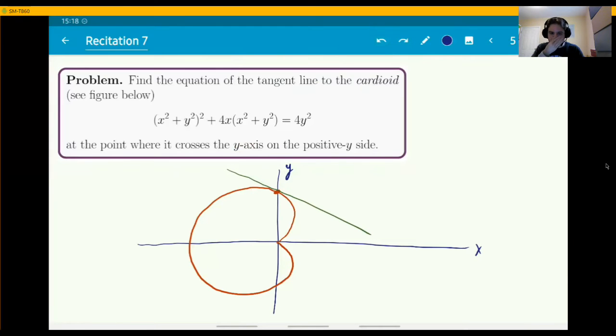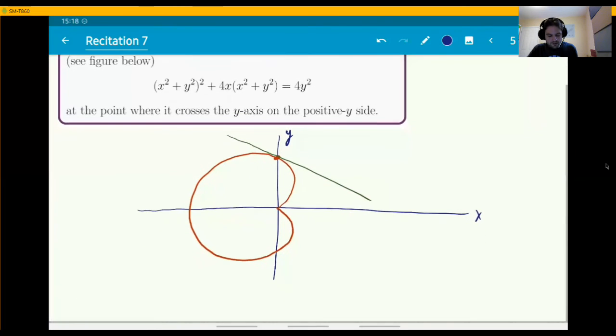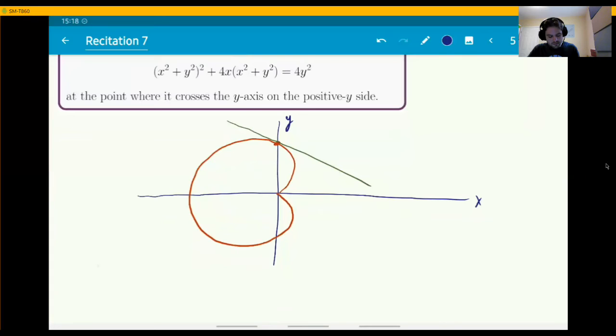You can see that the tangent line is this green line that's sloping down. So if we're going to regard y as a function of x, then this has a negative slope. Let's try to find it out. So y as a function of x.